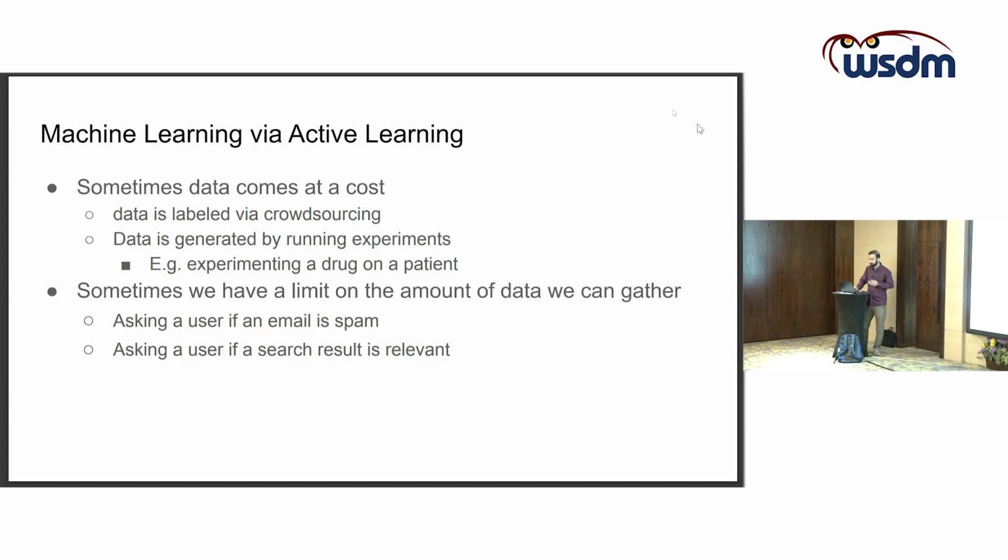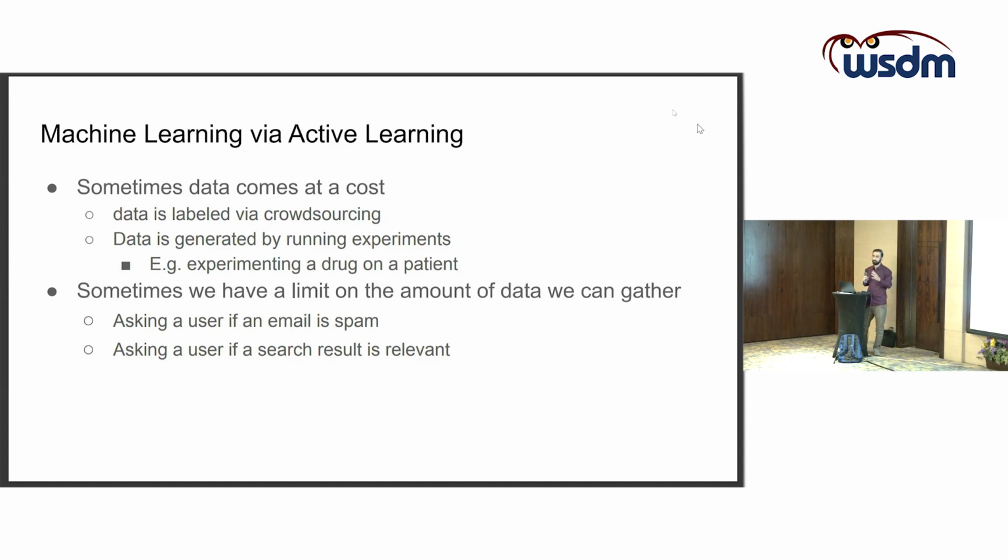Another example is sometimes we have a limited amount of data that we can gather, right? We are not paying for these examples, but for example, when we show a search result to a customer, we may ask, does this search look relevant to your query or not? Right, but we don't want to keep doing this always. Or maybe we can ask a user if this email is actually spam or not, but we don't want to keep doing this for every single email.